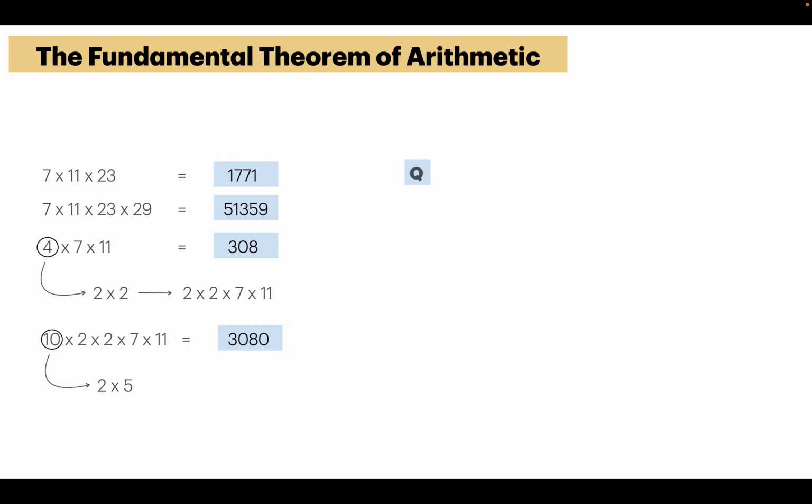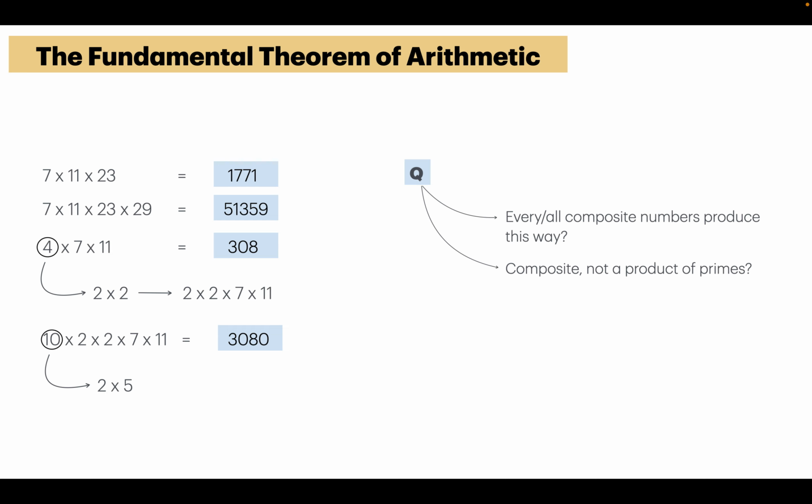Well, now the question is, can I produce every composite number by multiplying this way? I mean, I can multiply even and odd numbers, but eventually I can always express them as the product of primes. So can I produce every composite number this way by multiplying only prime numbers? And if not, is there a composite number that is not a product of primes?